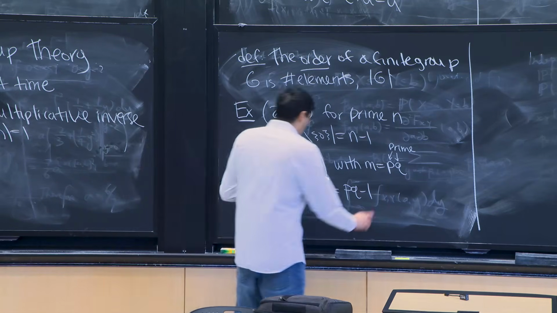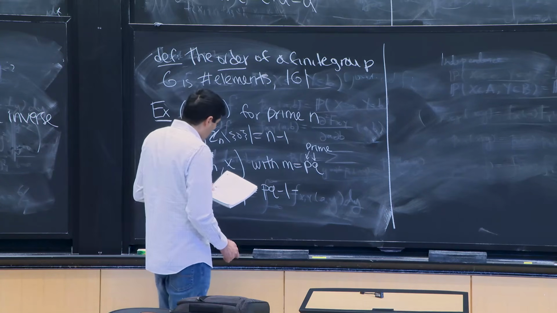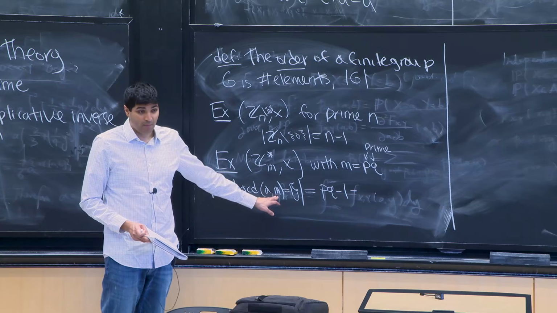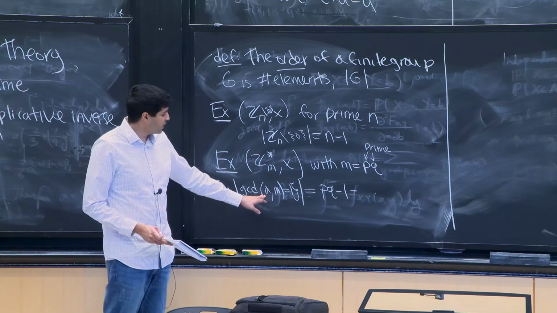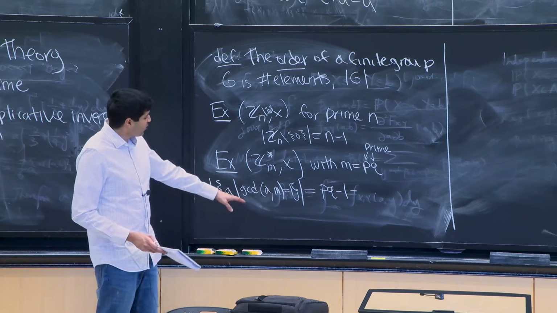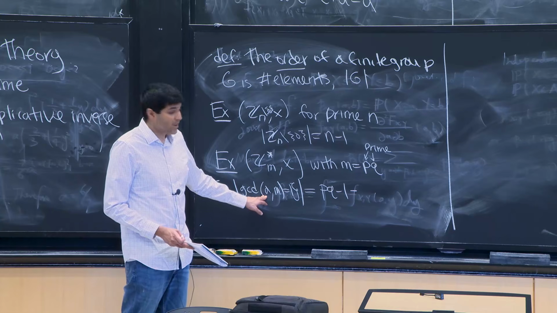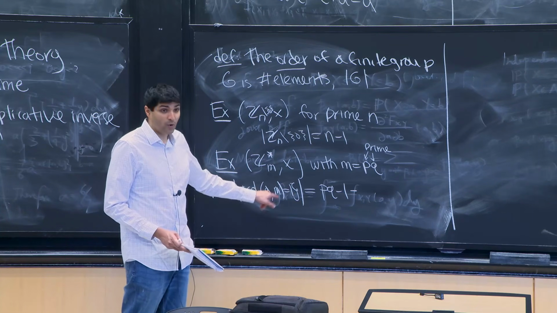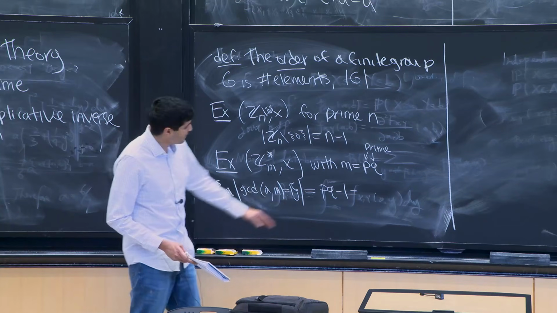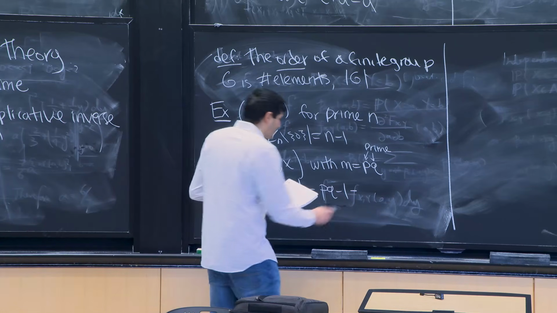And then I can subtract off the things which fail to have GCD 1. What are the ways that A could fail to have GCD with M equal to 1? Well, it could have GCD equal to P, or it could have GCD equal to Q. So the question is just how many choices of A are there where the GCD between A and M would be P? How many are there where the GCD would be Q? Because that's the amount by which I've overcounted, so I should subtract off those things.